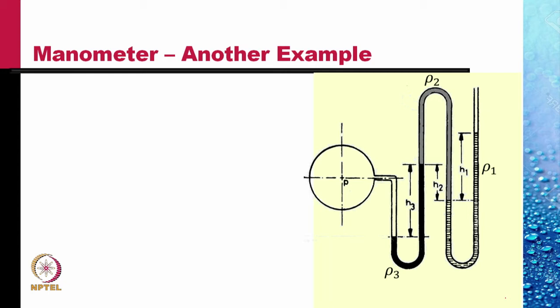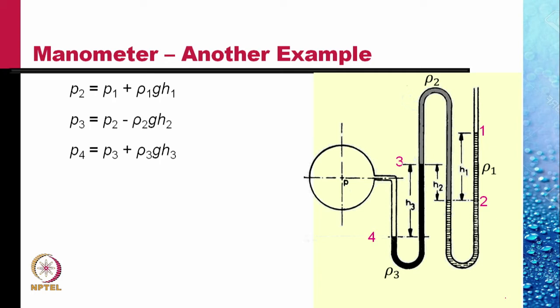We use the standard method of calculation: we seek points at the same level connected by the same fluid and equate the pressures in two different limbs, and then we move up and down within a fluid to the next interface. Let's mark the points 1, 2, 3, 4. These are the levels at which the fluid changes.